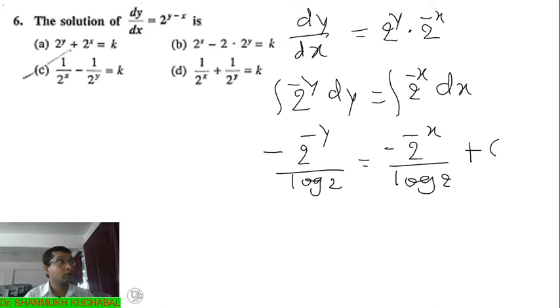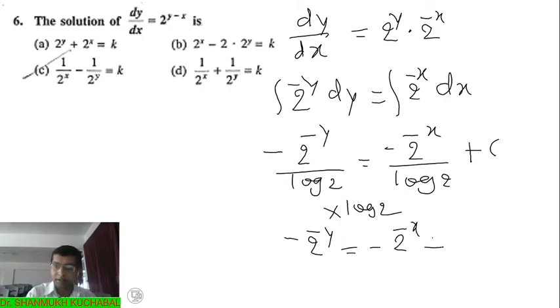So this is not a solution in the 4 options, so we will simplify it further. We multiply by log 2 to avoid that denominator log 2, so we get minus 2 raised to minus y equal to minus 2 raised to minus x plus c log 2.